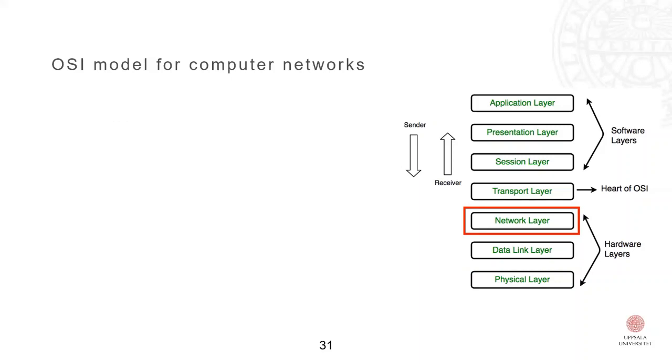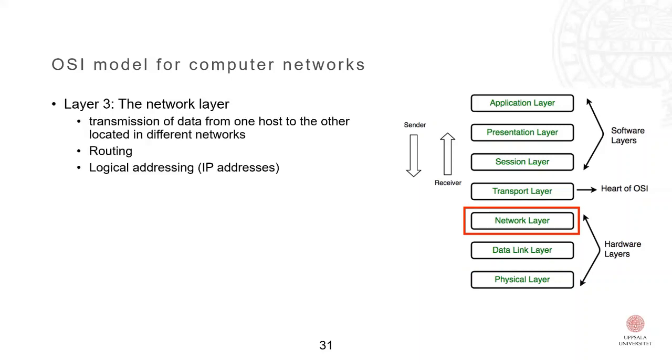In the third layer, we have the network layer. Layer 3 is responsible for transmission of data from one host to another host, which is located maybe in a different network. In the data link layer, you have two nodes that are in the same network, for example two devices in your LAN. But in the network layer, you might be sending something to someone in a whole different LAN.